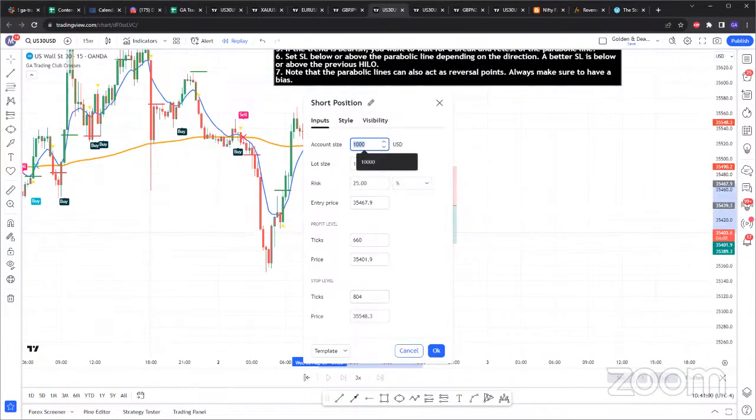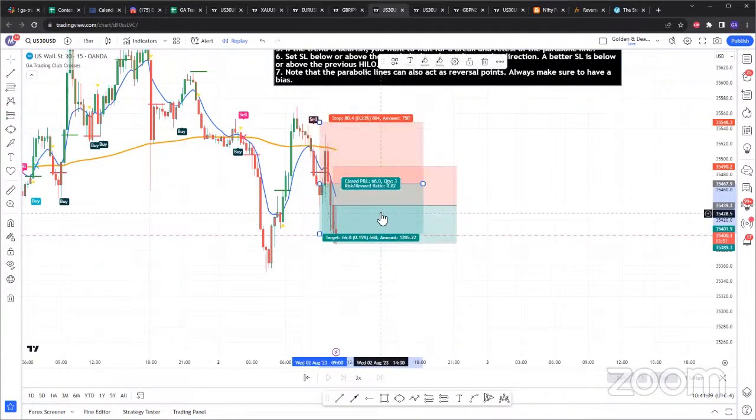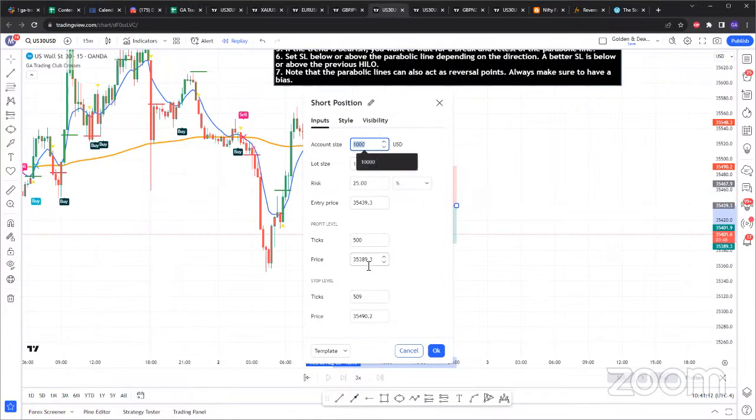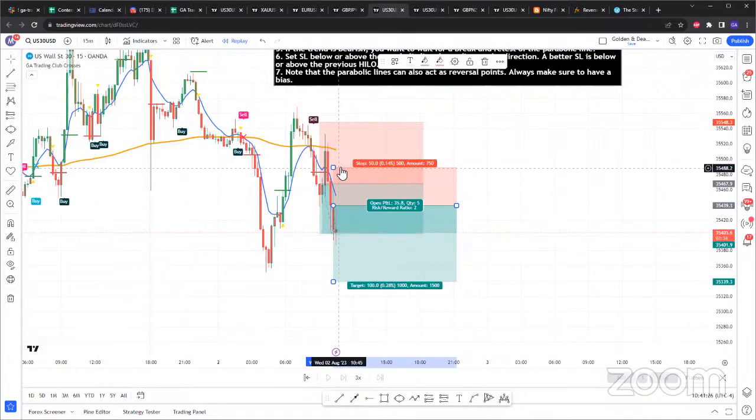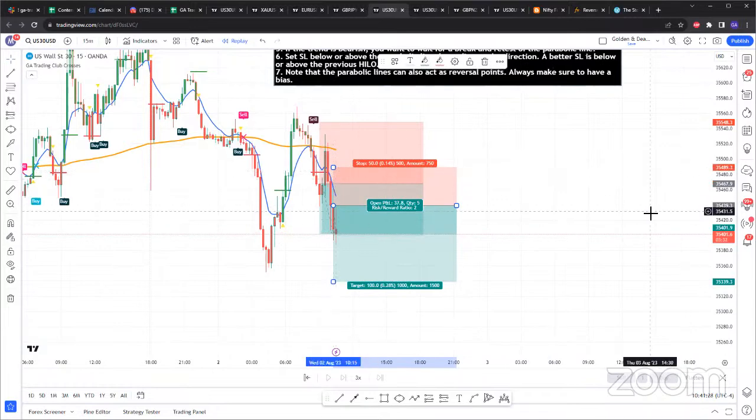I go to my TradingView, and if I want a 1:2, I do 1,000 here, because that's 100 pips. Stop here, 50 pips. So before I enter, I'm looking at where price is and where the parable is, so that I can start inputting those parameters in my trade manager on MT4.